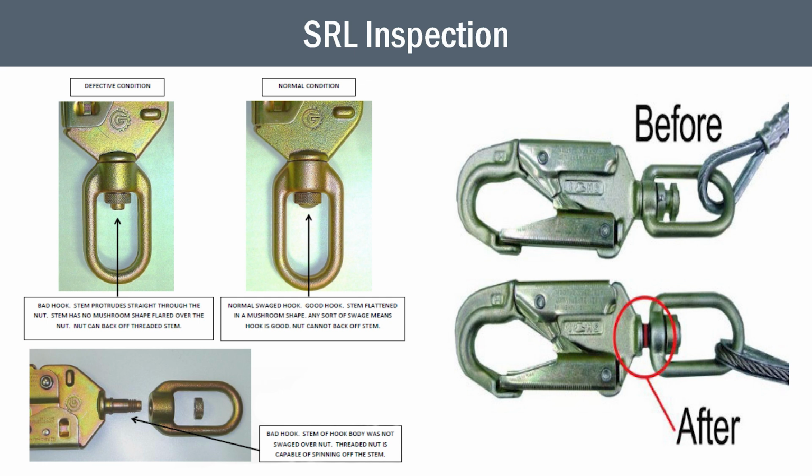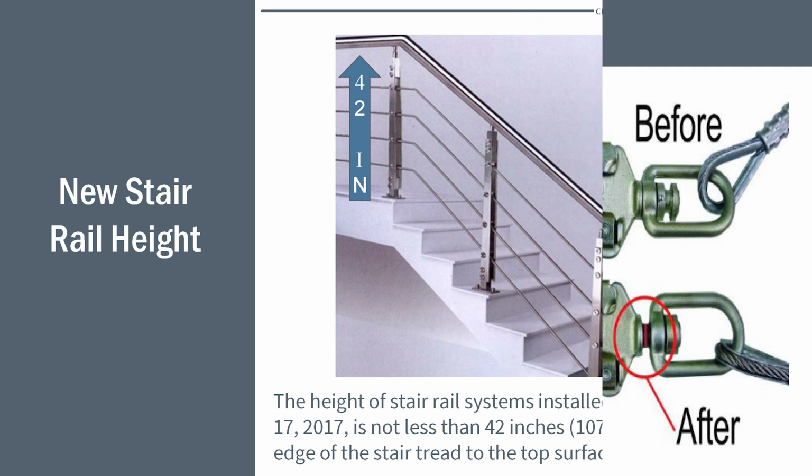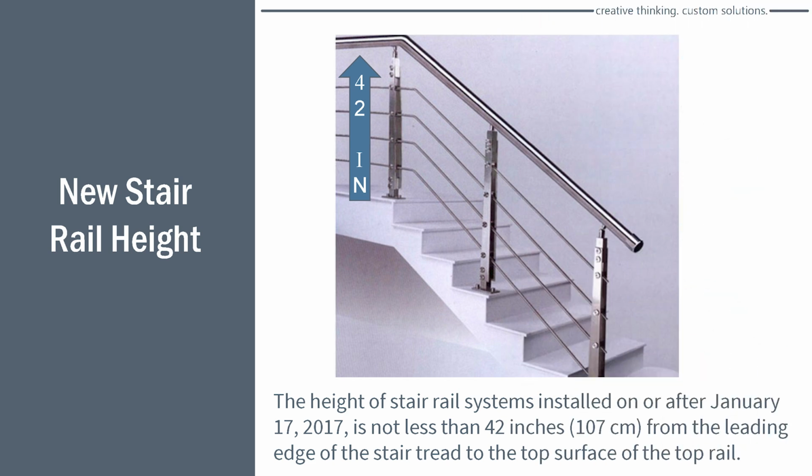I wanted to bring out something new. In 2017, I know it's a few years ago, but what we run into is on stair rails. The height of those was like 36 to 38 inches, and then the top of the handrail would have to be 42.